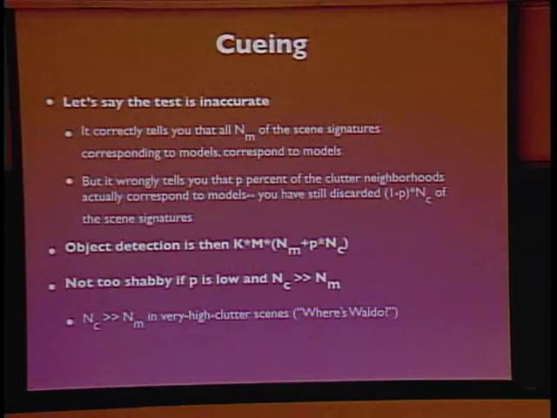Is that clear? This just gives a few more numbers to put on what I just said: even if you misclassify a fair number of non-model points as being model points, but you still remove a fair percentage of the background from the scene, you're actually doing quite well.